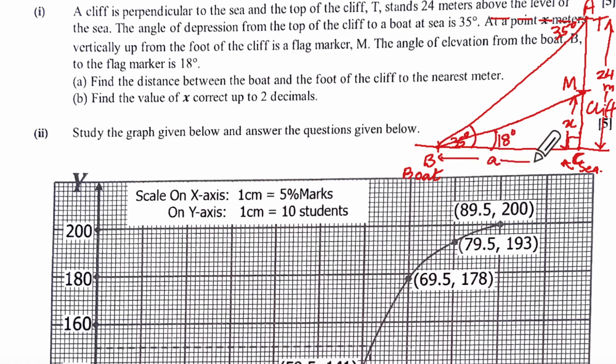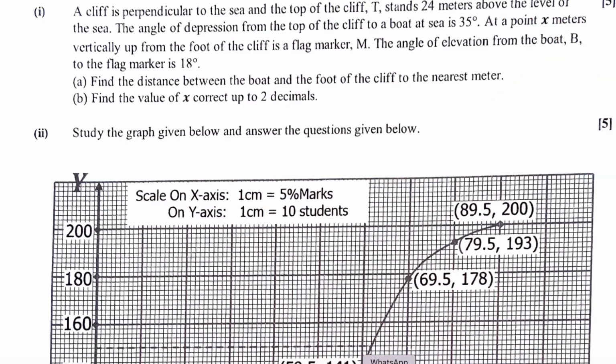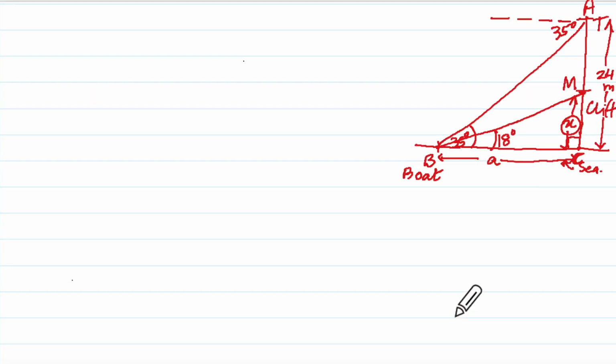We'll call this answer A. And the value of x will be your answer B. Draw the diagram and tell me when you're done. Done. Now for the solution, you will have to start with A first.